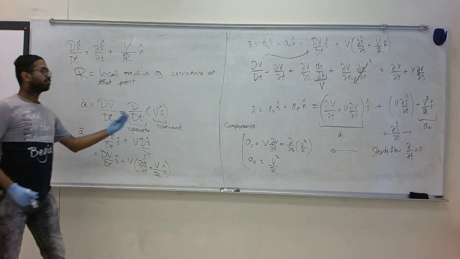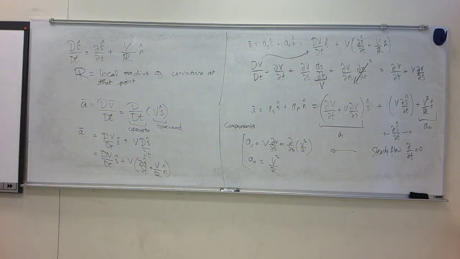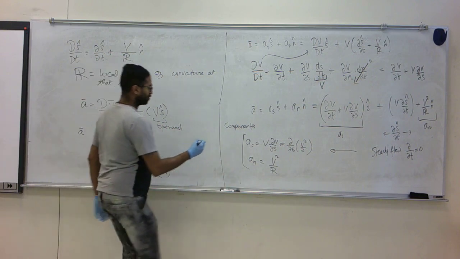So this expression for the streamwise and the normal component of the acceleration is given by equation 4.7 from the book.